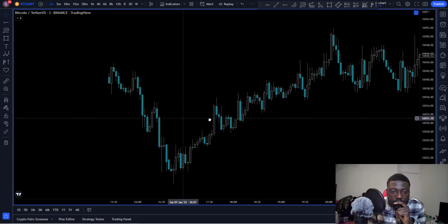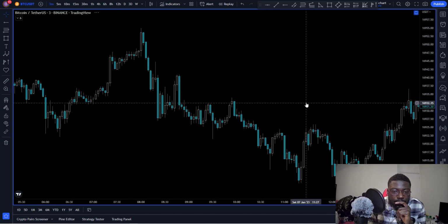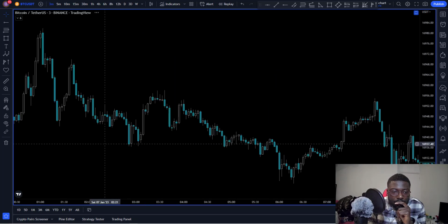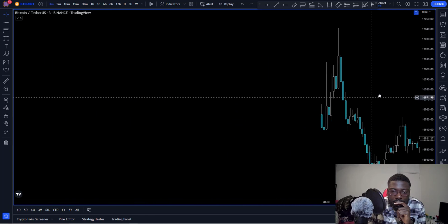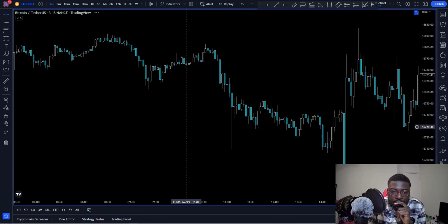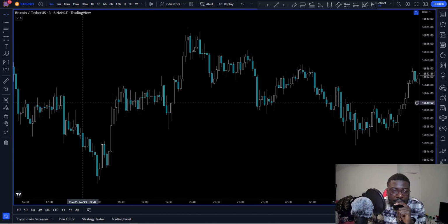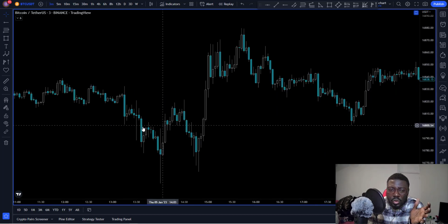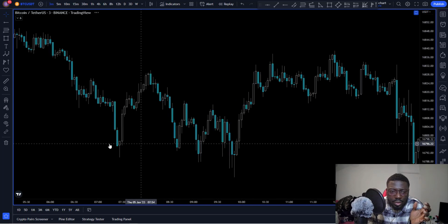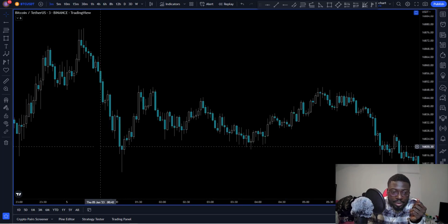Because with this strategy, you could as well trade it on intraday. If you're a scalper, you can also use it to scalp. So I don't want it to be that the swing failure pattern is more of a swing trading strategy. You can use it to scalp as well.